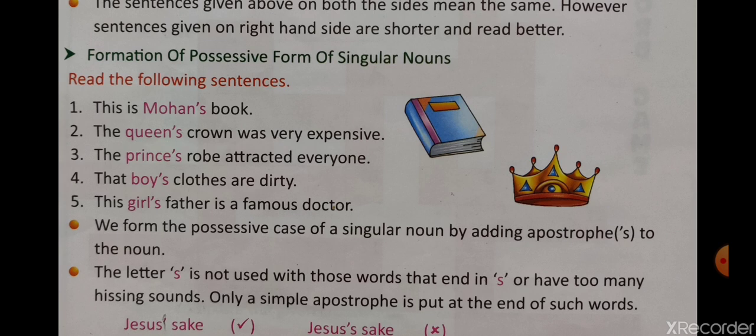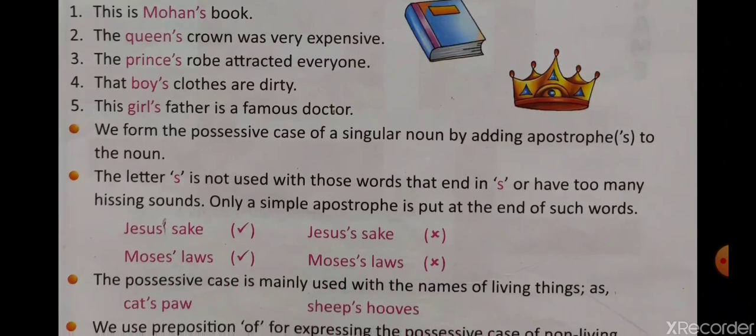So here this is Mohan's book. Mohan is singular, so we are using Mohan and apostrophe s. In the next sentence, queen's. Queen is singular, so queen apostrophe s. Similarly, we form the possessive case of a singular noun by adding apostrophe s to the noun. The letter s is not used with those words that end in s or have too many hissing sounds. Only a simple apostrophe is put at the end of such words.